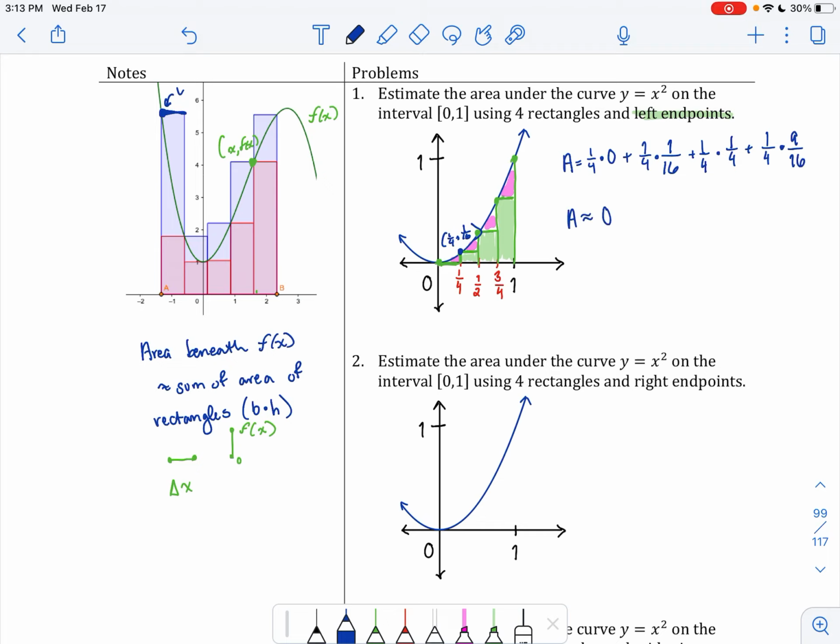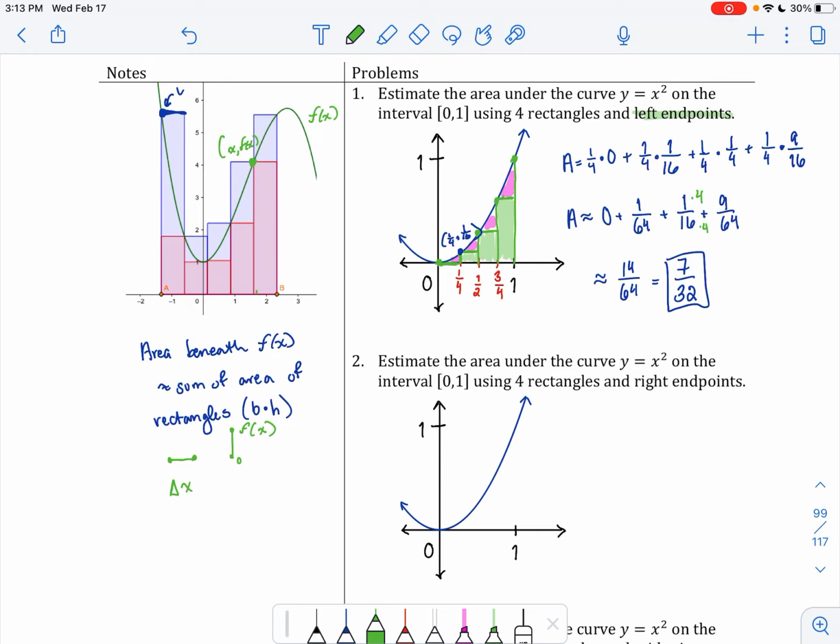So then we can say that the underestimate of the area is 0 plus 1/64 plus 1/16 plus 9/64, which means that we are looking at an area approximately 14/64 or 7/32. Now you can turn that into a decimal, but this is pretty straightforward fraction addition. Since we have mostly common denominators, I just had to multiply this one by 1/4 on each side.